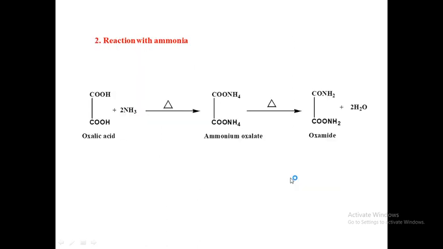Then the second one is what happens when ammonia reacts with oxalic acid. When oxalic acid is reacted with 2 moles of ammonia, NH3, in presence of heat, it forms ammonium oxalate as an intermediate, which on further heating gives oxamide with the elimination of water molecules.